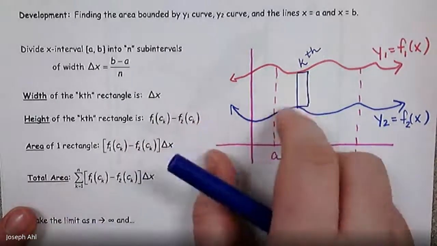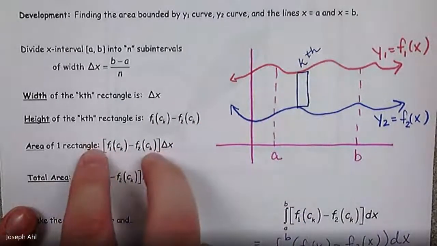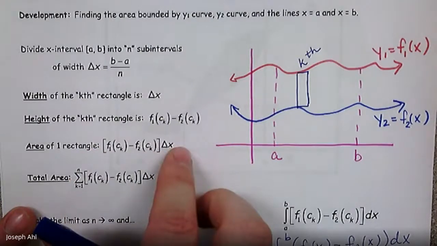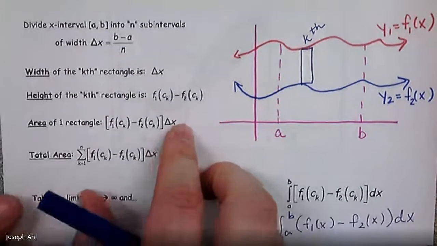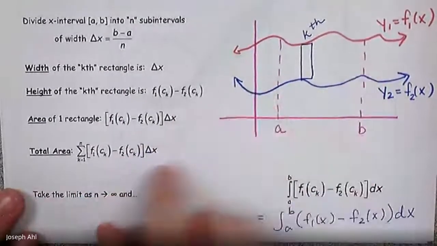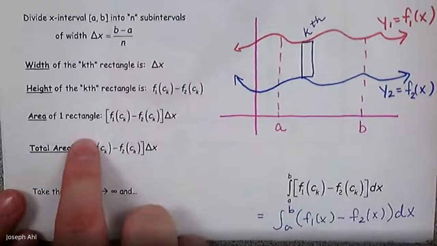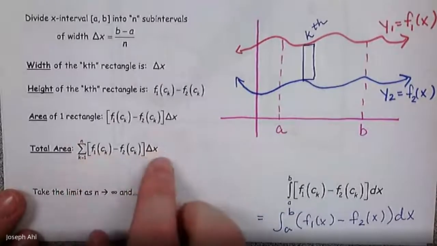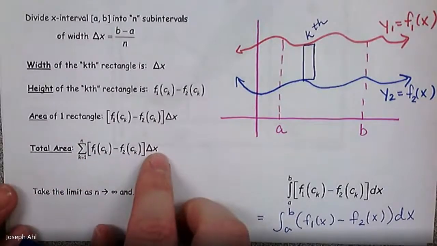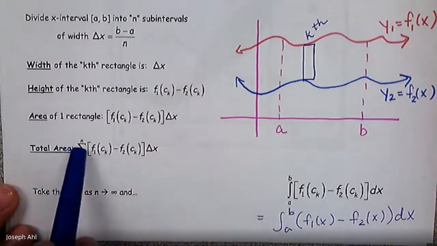And therefore, the area of that rectangle is the difference in those heights times our delta x. So if we apply this over the course of the entire interval, take the sum from k equals 1 to n of the heights times the width, delta x, along the way, that would represent the total area.